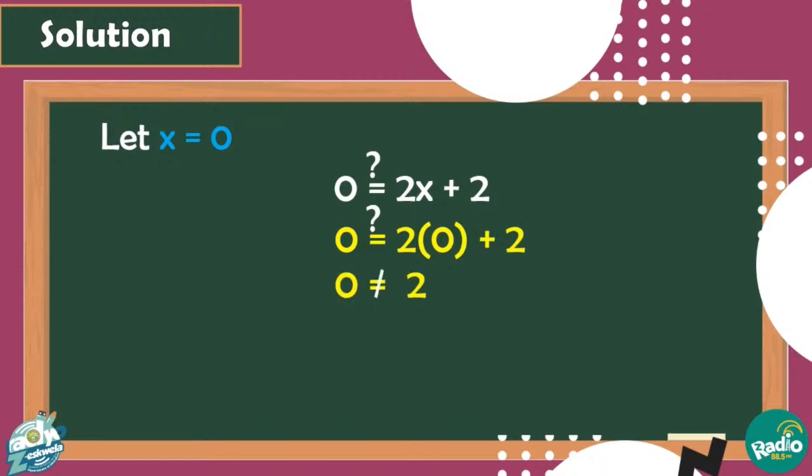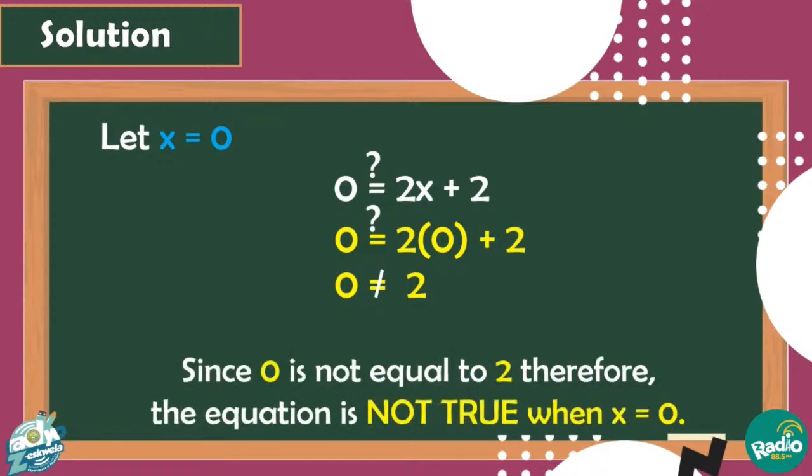And by simplifying, we got 0 equals 2. Since 0 is not equal to 2, therefore, the equation is not true when x is equal to 0.